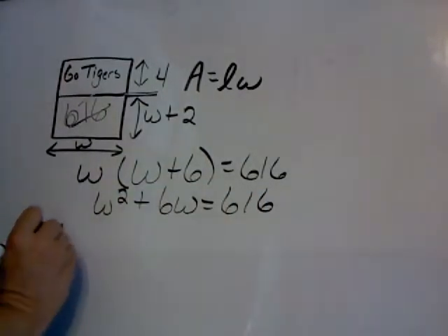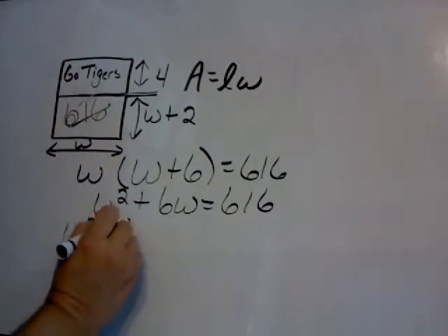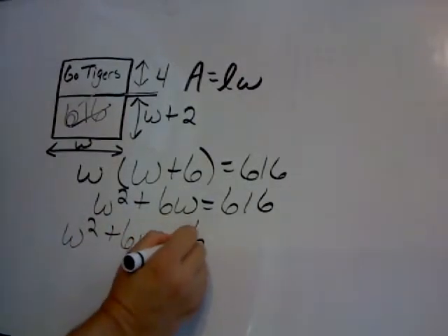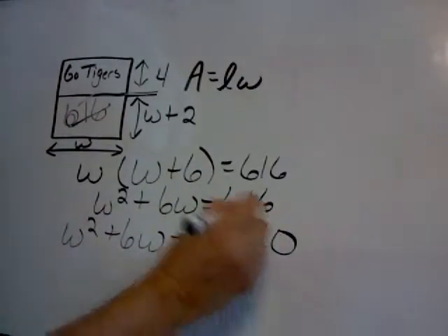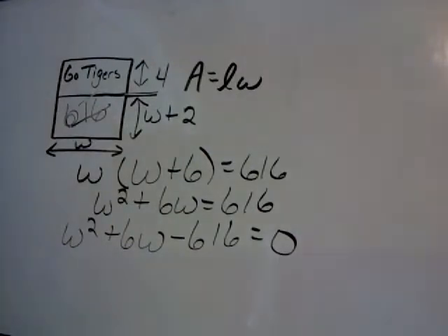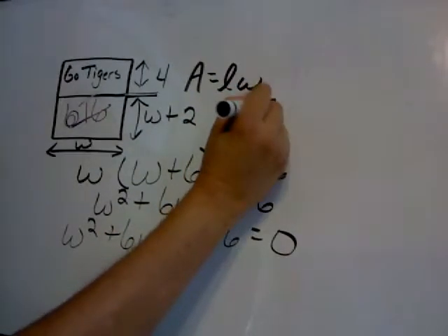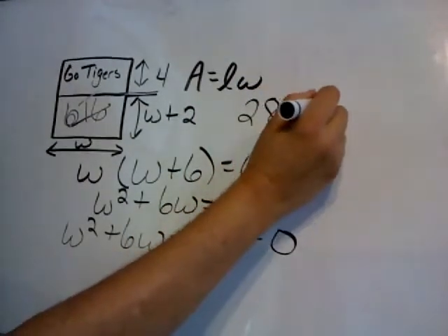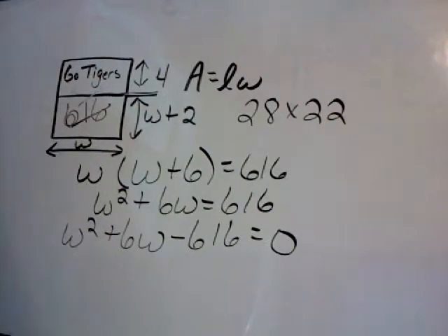I can move the 616 over, which gives me W squared plus 6W minus 616 equals 0. Now all I have to do is figure out my factors of 616, and there are many. The two factors we're going to use for this problem are 22 times 28, or 28 times 22.